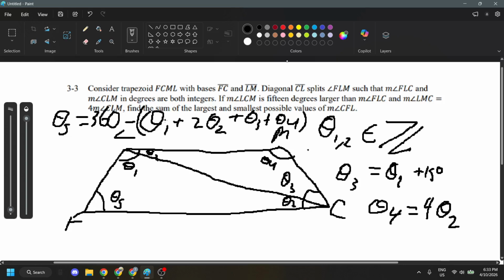Okay. So we need to minimize and maximize this sum.